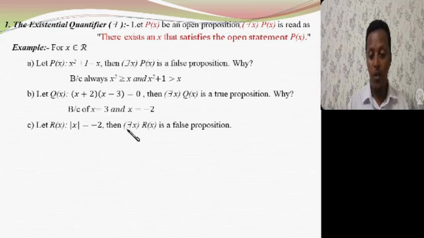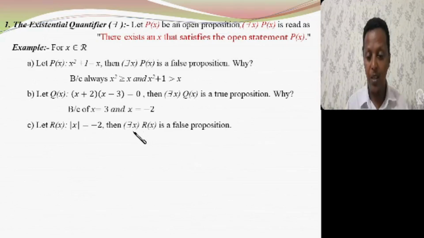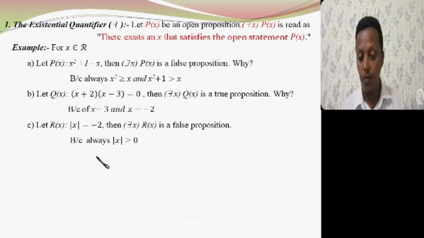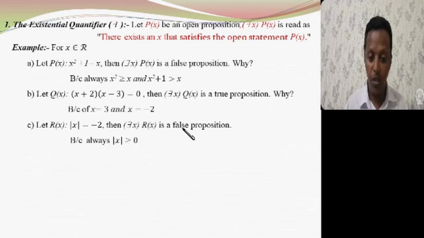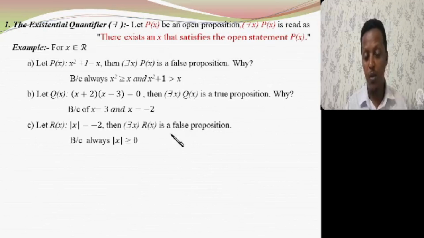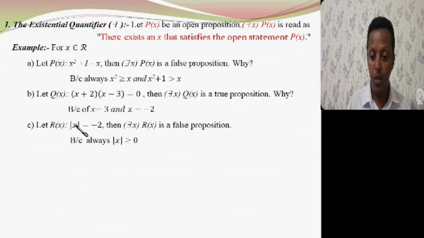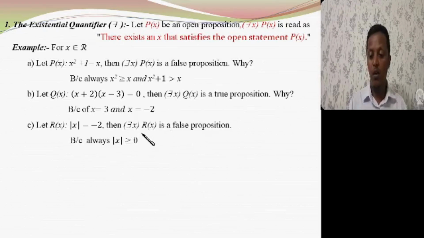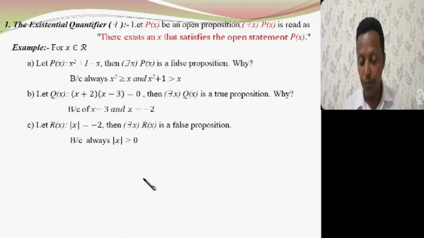Because of that, we cannot get any real number that satisfies the property of R. Because of that, this statement is a false proposition. False proposition means we convert an open statement into a statement by attaching the existential quantifier to R of x.